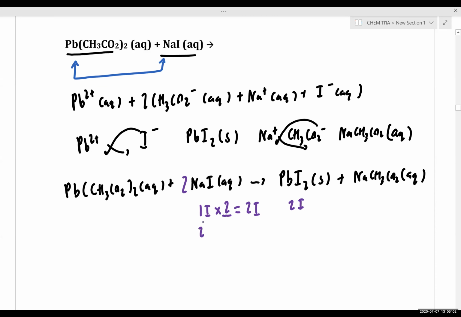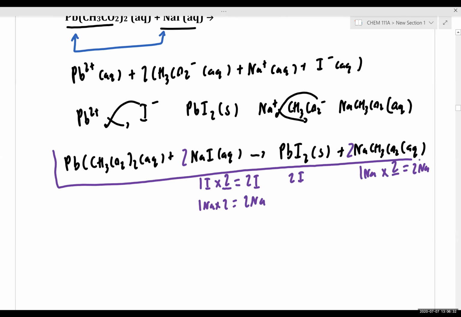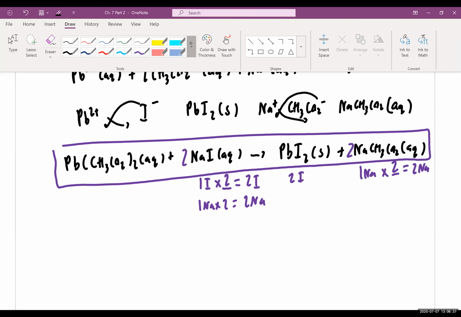Now as a result of this, we have 1 sodium times 2, that gives us 2 sodiums. So if we have 2 sodiums on the left, and we only have 1 sodium on the right, what coefficient do we need for sodium acetate? We need 2. Perfect.